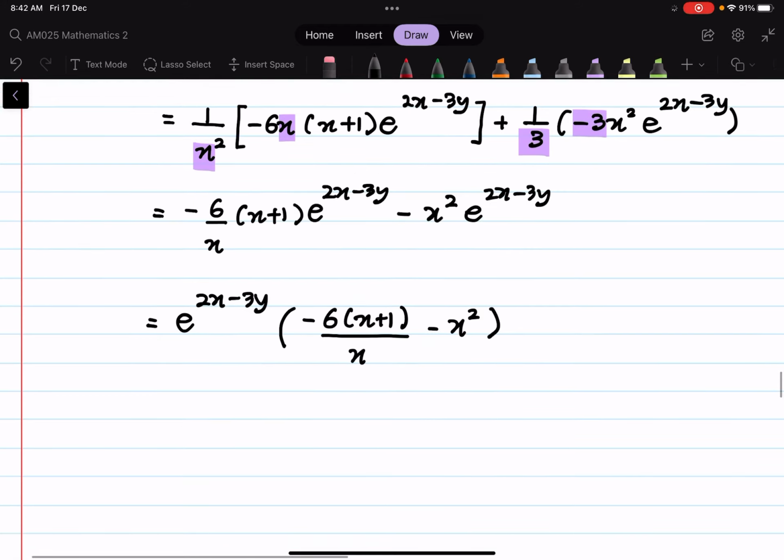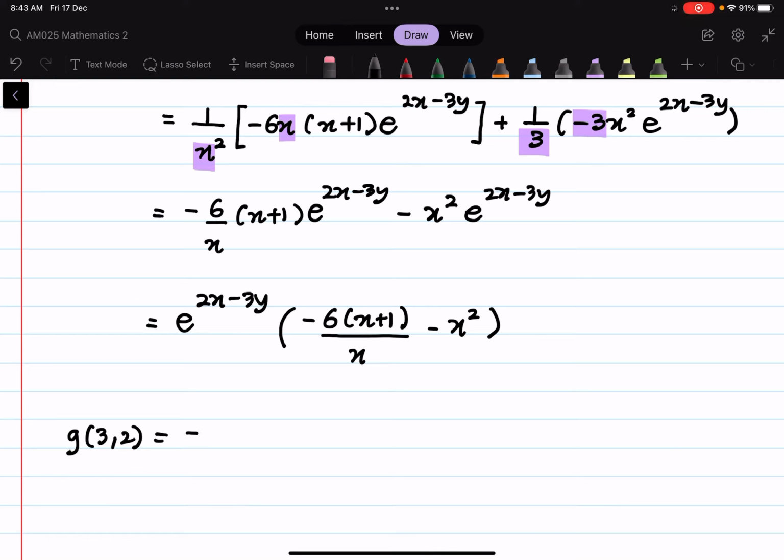So if we substitute g(3,2) into the function, 2 times 3 is 6. 6 minus 3 times 2 is also 6, which is exponent power 0. Exponent power 0, we know that it is 1.